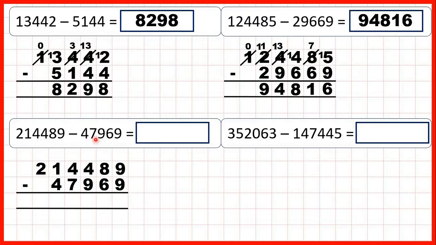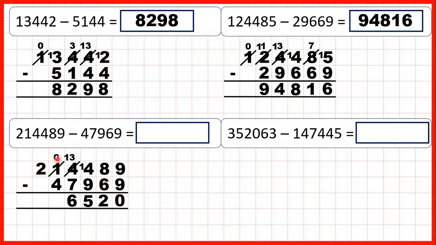Now we have 214,489 minus 47,969. 9 minus 9 is 0, 8 minus 6 is 2. We can't do 4 minus 9, so go to the left, 1 less, 1 in front. 14 minus 9 is 5. We can't do 3 minus 7, so go to the left, 1 less, 1 in front. 13 minus 7 is 6.